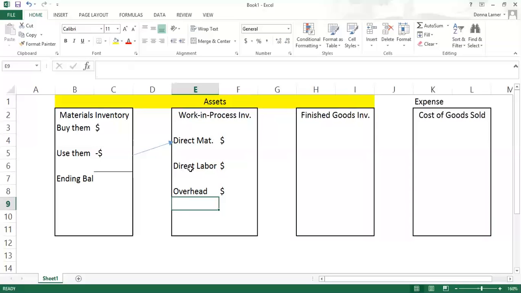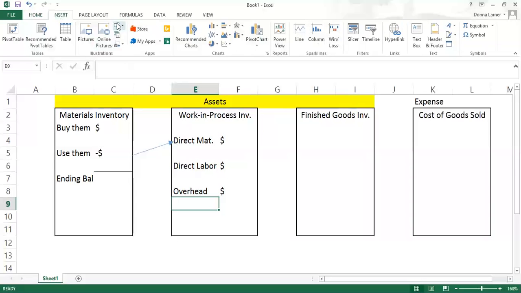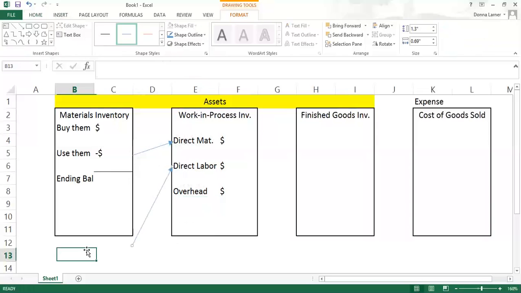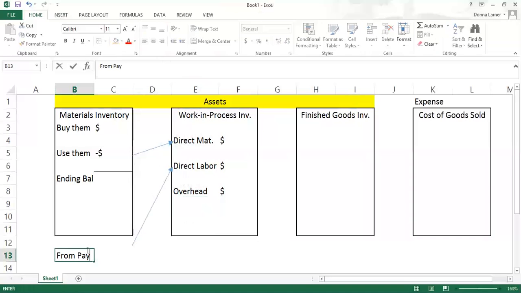So the payroll department is going to help us feed into the labor costs. And overhead will be from a separate account called overhead.